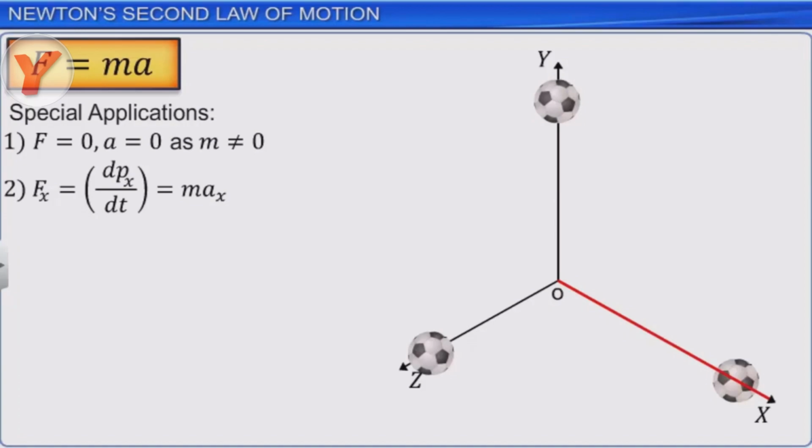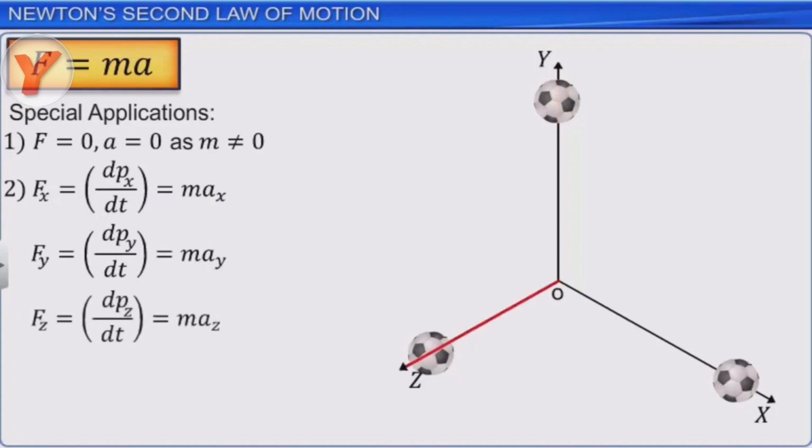Fy is equal to dpy by dt, which is equal to may. Fz is equal to dpz by dt, which is equal to maz. F here stands for external force acting on the body.